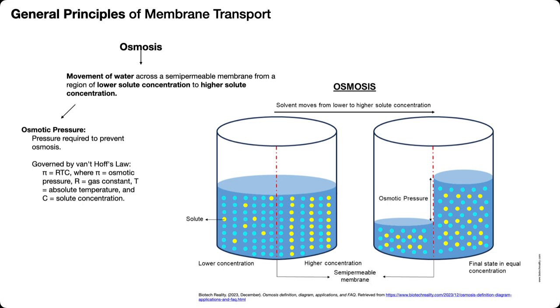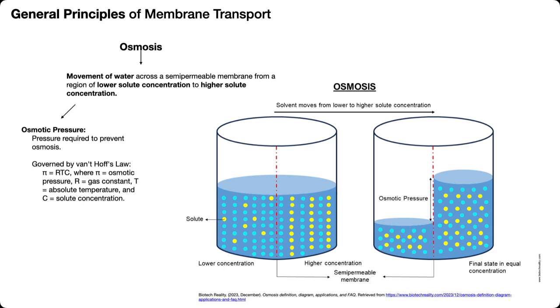Now, the higher the concentration of sugar in compartment B, the greater the osmotic pressure required to prevent water from entering. So in a real world scenario, let's have a medical example. When you have IV fluids, the osmotic pressure of the solution has to match the osmotic pressure of blood plasma.